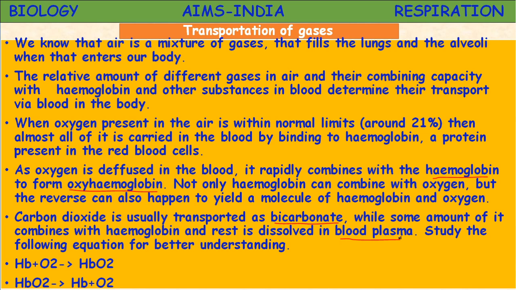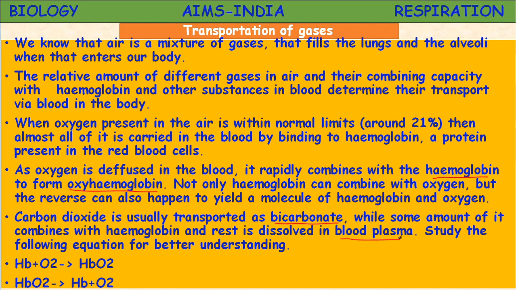Okay, if the hemoglobin is exposed to the air at sea level, nearly every molecule combines with oxygen to form oxyhemoglobin, because we need more oxygen to produce more energy. So every molecule of hemoglobin combines with oxygen and forms oxyhemoglobin at sea level.